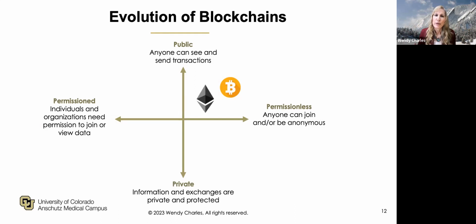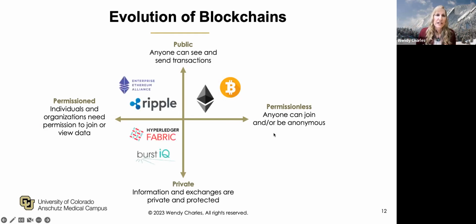And the goal was to create a system where individuals could share currency directly with each other without having an intermediary. So that's why they were designed to be public, so that anyone could see and transmit transactions, and that anyone could also join.